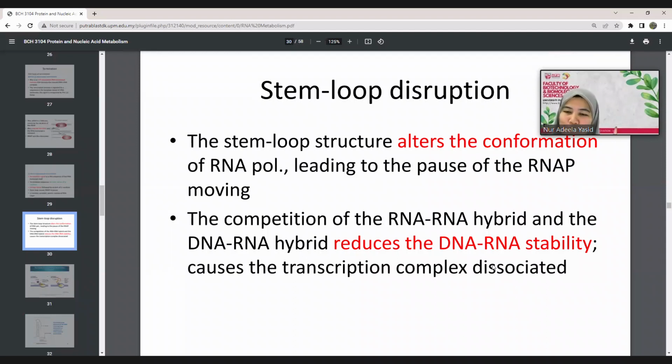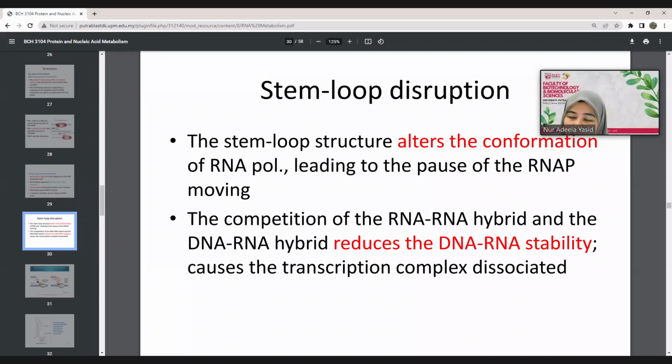So it's just a term to show that we are transcribing RNA from DNA. But at a certain stage, we need to tell the RNA polymerase to stop synthesizing mRNA.